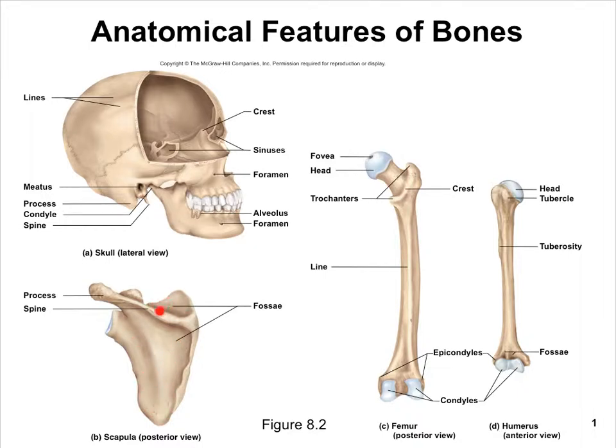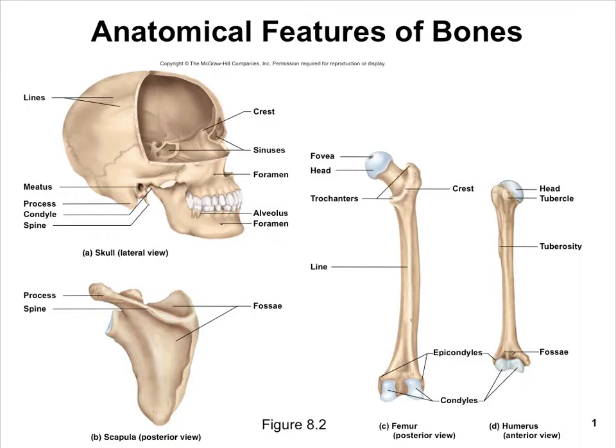They don't necessarily have anything that's going to stick in them. Actually, they have muscles that stick in them, but not bones. But we will see several types of fossa that have bony projections that fit with them. And often a fossa will be named for the thing that fits into it, not for the bone that it's on, but rather the bone that it fits with.